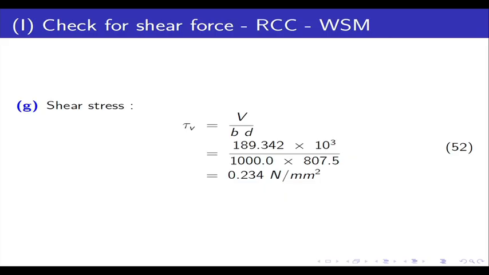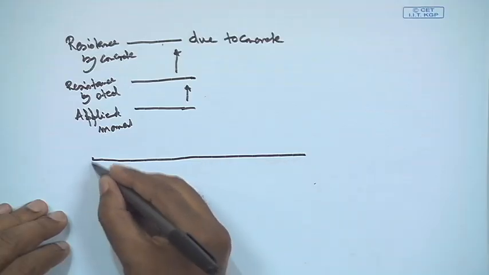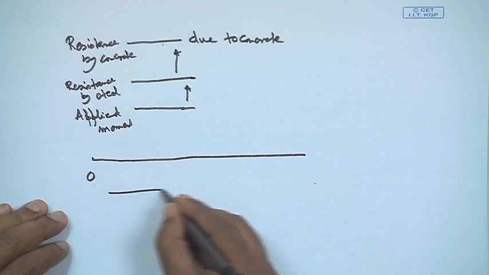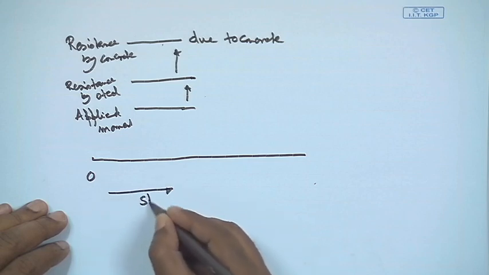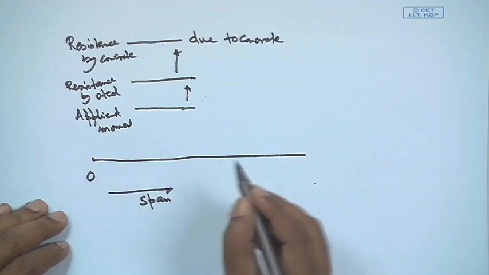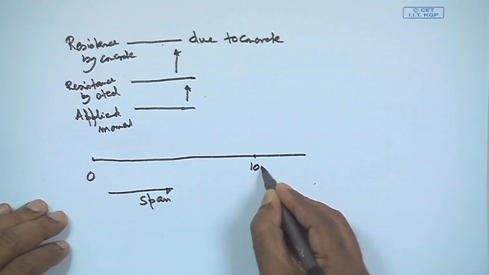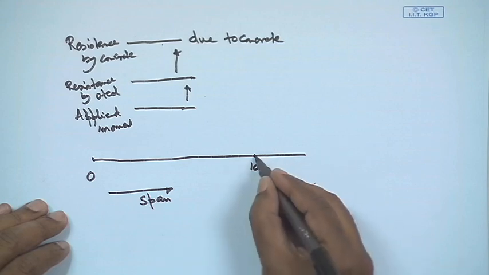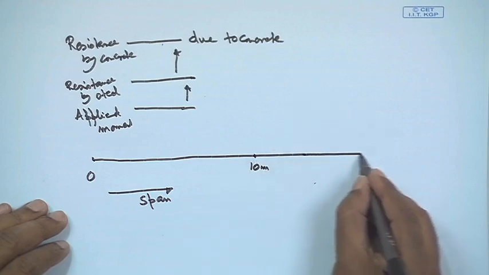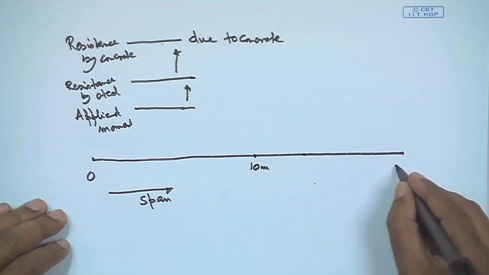Again I am telling this here, if this is your zero span, we are going up to say 10 meter, and then another one we are getting here, say 20 meter.